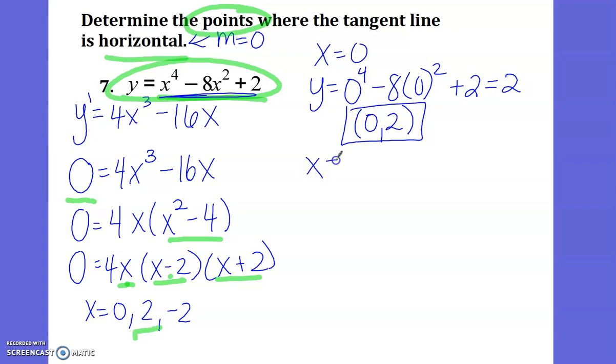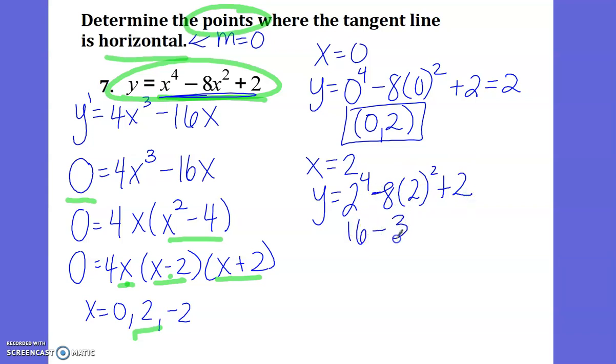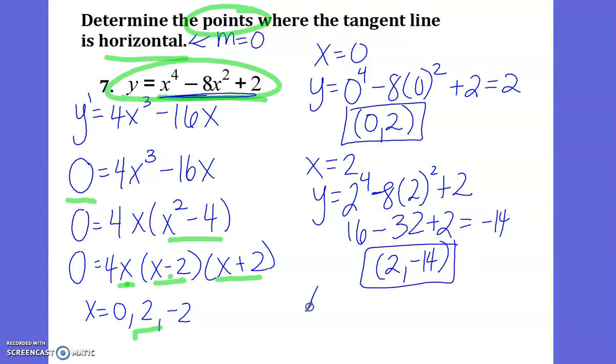Then using this x value of 2, I plug that in. I end up getting 16 minus 32 plus 2, which is -14. So that's my y value, so the point is (2, -14). Then I'm going to do negative 2.